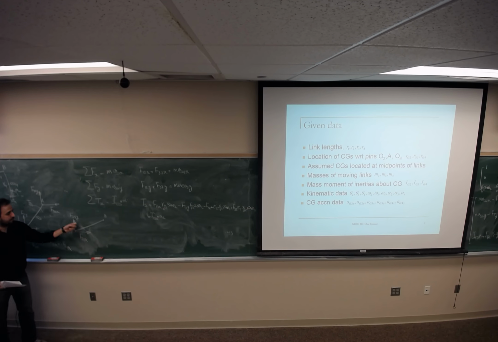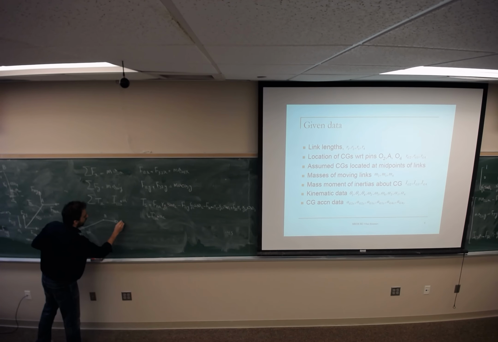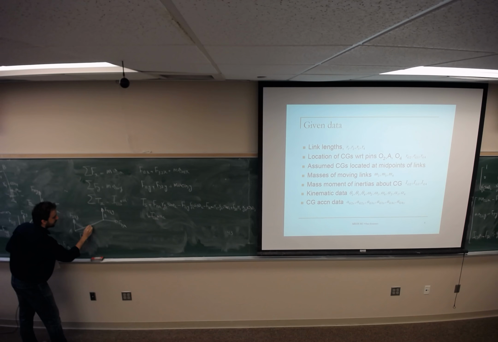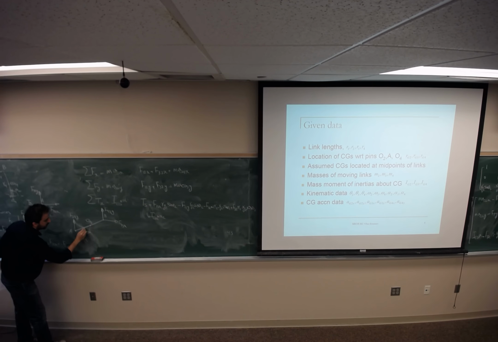At point B, the force coming from link 4 applied to link 3 in x direction: F43x, F43y. And the center of gravity is right here for link 3, and this angle is theta 2. Sorry, theta 3.